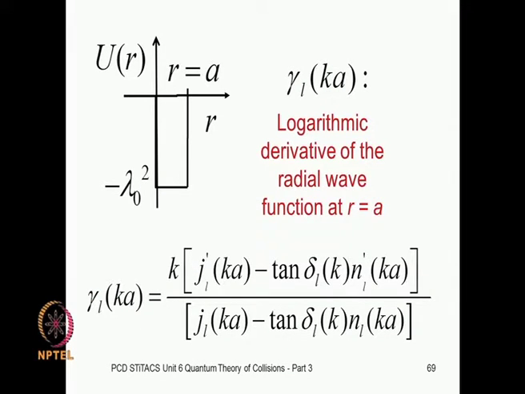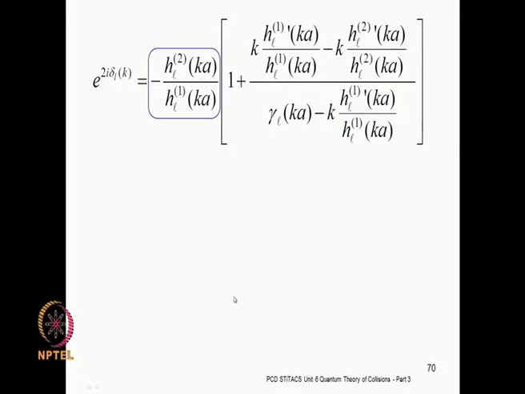In our previous class we considered scattering by a square well, and our analysis was based on the continuity of the wave function and the derivative at the boundary. That was contained in this logarithmic derivative, this gamma we have used in our mathematical expressions, and I will be using it in today's class as well.